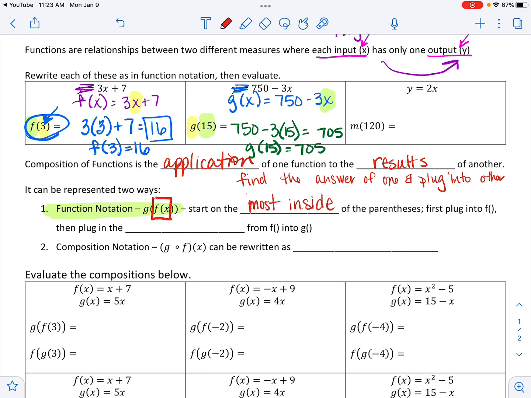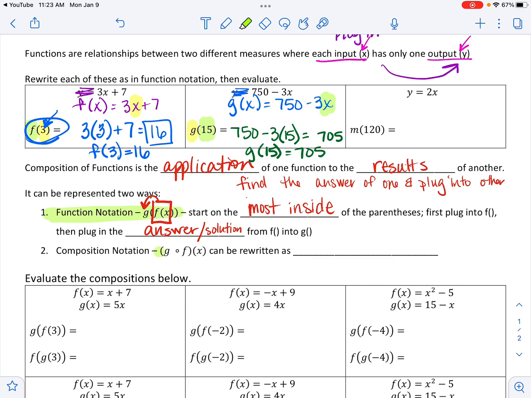And then plug the answer, or the solution, from f into g. Now, composition can be rewritten the exact same way.